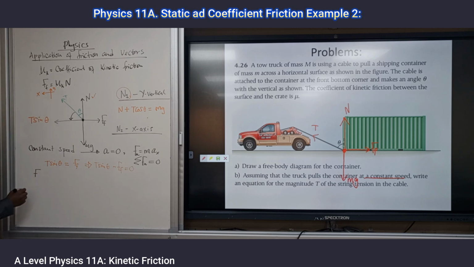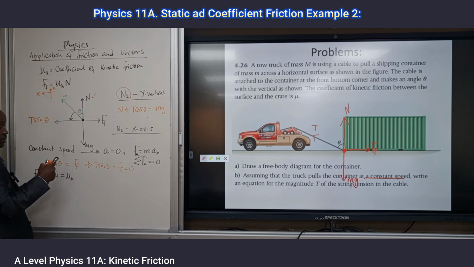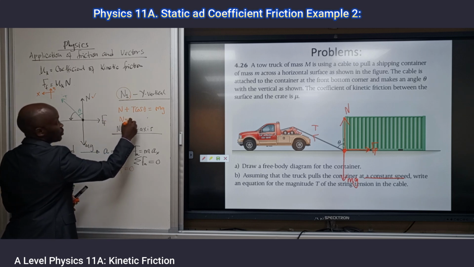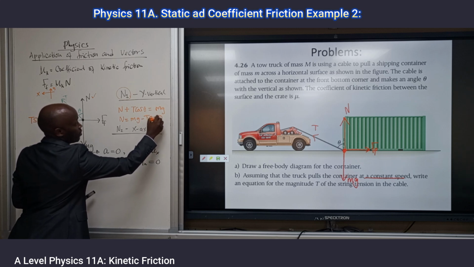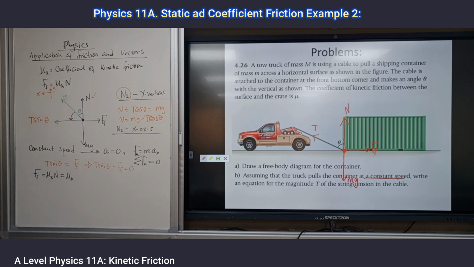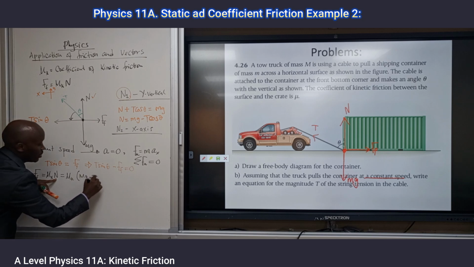When the system is moving, the friction force is given by mu k multiplied by N. We can reorganize the first equation and say N is equal to mg minus T cosine of theta.